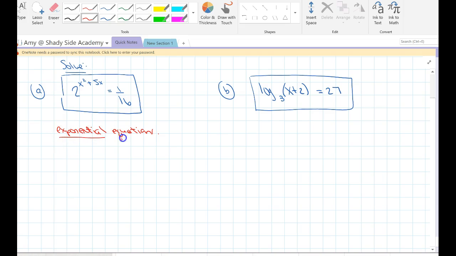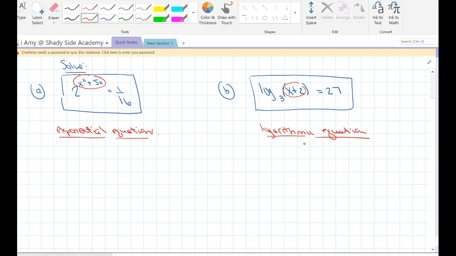Because the variable that you're solving for is up in an exponent. All right, this equation over here is a logarithmic equation. The reason why this equation is logarithmic is because the variable that you are solving for is within the argument of the log. It's really important for us to be able to not only identify what kind of an equation it is, but also talk about why.